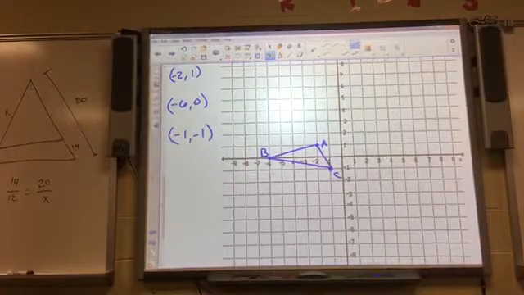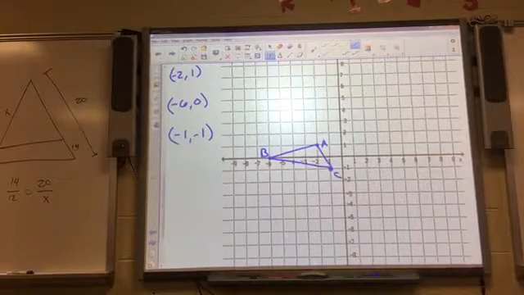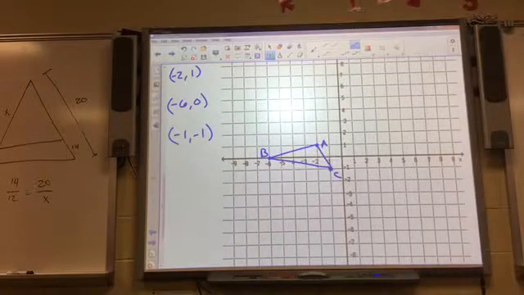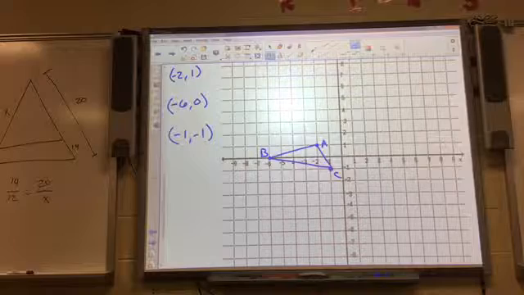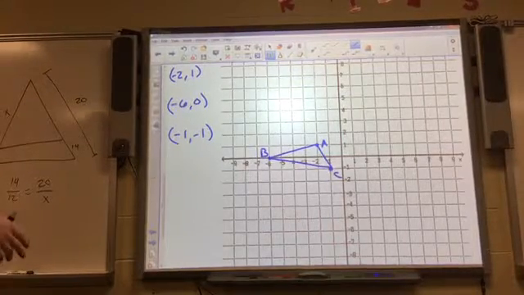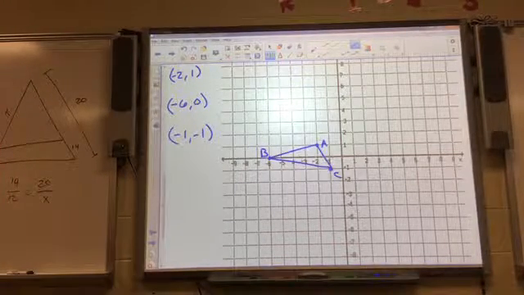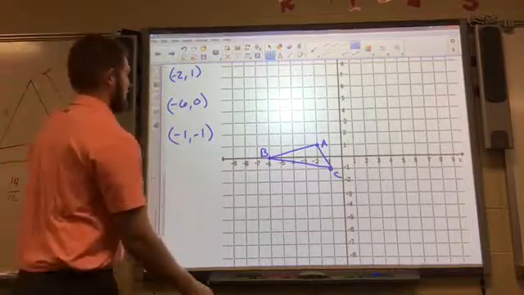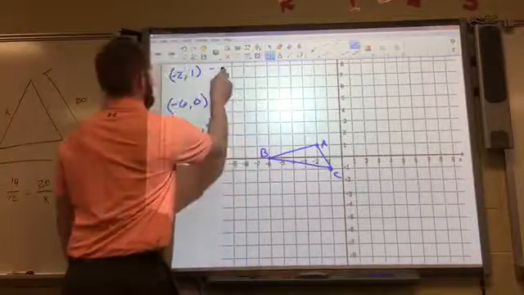Okay. On the previous one, didn't I multiply 1/2 times everything? Okay, so are you still going to multiply? Yeah, except now you're multiplying 3/2, right? Which is going to be a little bit different. Okay, you just have to be careful.